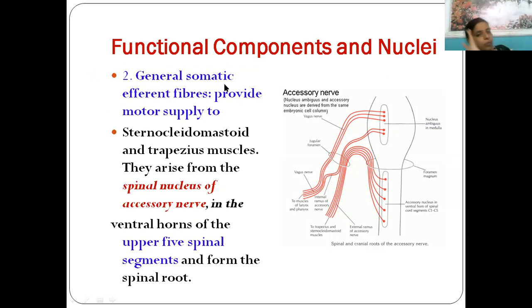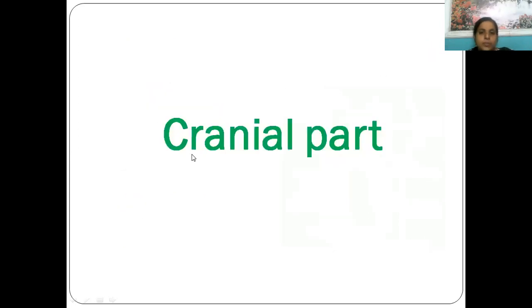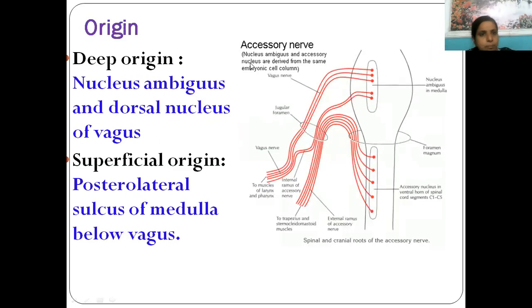Somatic means they are going towards the surface of the body and they are also motor in function. That means they are going to sternocleidomastoid and trapezius. So the cranial part is arising from the nucleus ambiguus and also the dorsal nucleus of vagus.